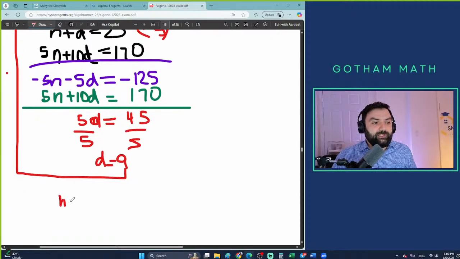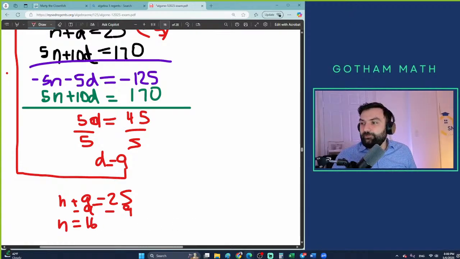So if there are 9 dimes and the total amount of coins is 25, it means that the nickels would be 16. There's 16 nickels and 9 dimes. So maybe I would even write it, because if you already solved it, just write it.